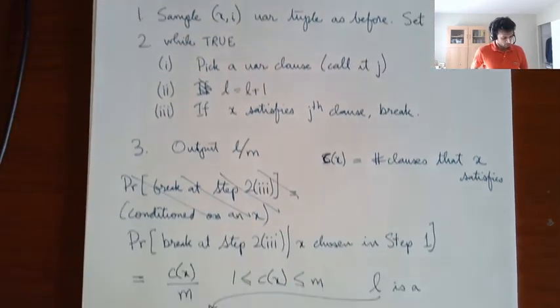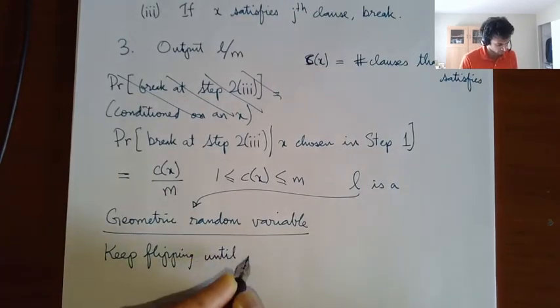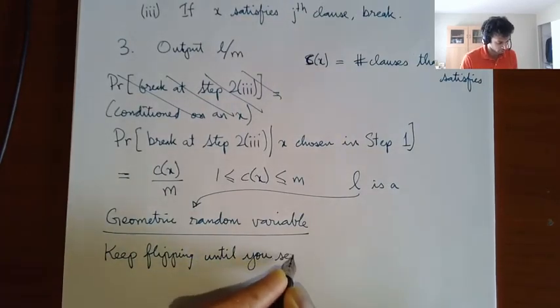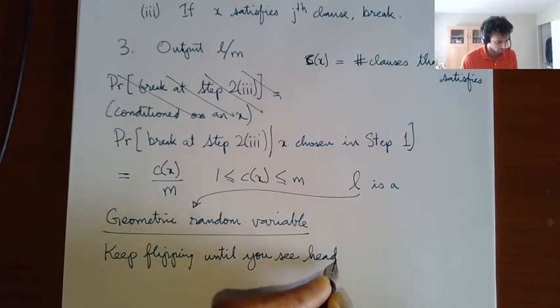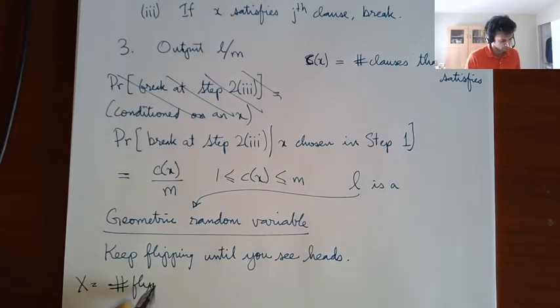So you keep flipping until you see a heads, right? And the number of flips is a geometric random variable. This is a geometric random variable.